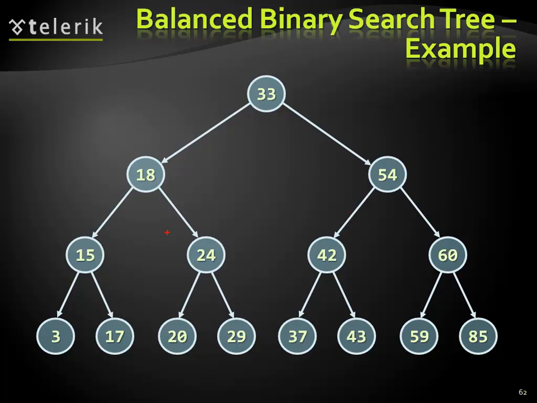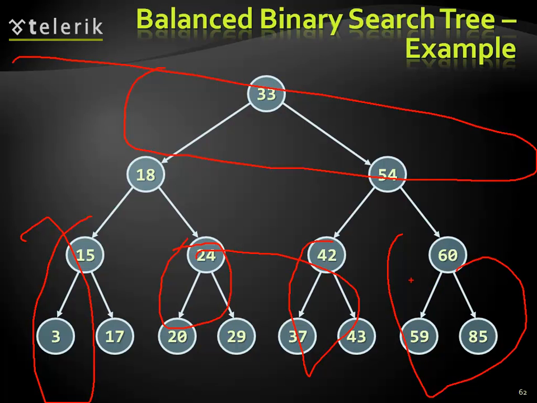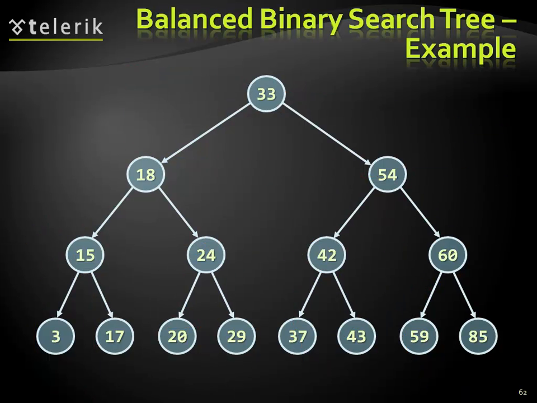So this should be exactly 16 elements. 3 here, 6. 3 here, 9. And 6 and 6. Okay, I didn't calculate it quite right. Should be 15, yes. Should be 2 to the power of 4 minus 1. So this should be 15 because of this node over here. Whatever, that doesn't matter that much.